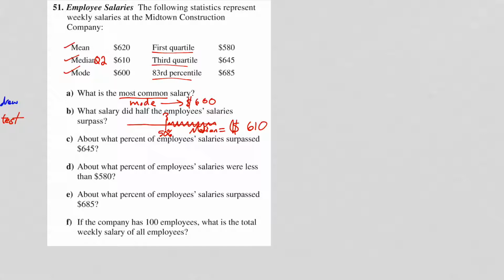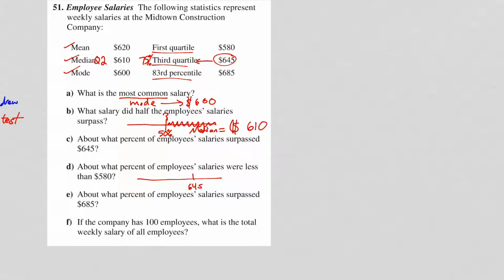Now, the third question says, about what percent of employees' salaries surpassed 645? So we go back to our data and we see there's 645. 645 is in the third quartile. The third quartile, if you remember, that's 3/4 or 75%. Okay? So here's 100%.